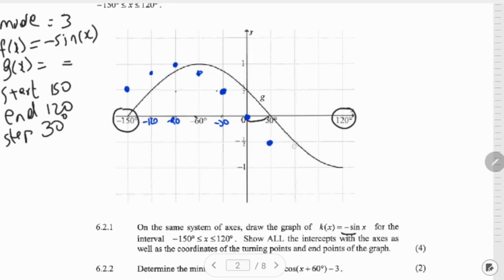And then when x is equal to 60, our y is about minus 0.9 or 0.8. And then when x is equal to 90, our y is minus 1. And when x is equal to 120, our y is minus 0.8 or 0.9 when we round it up. So we're just going to follow those dots.